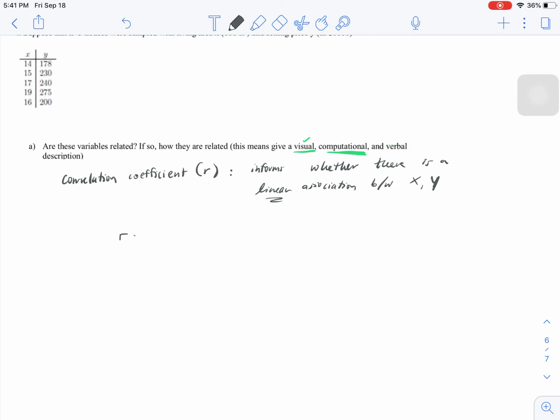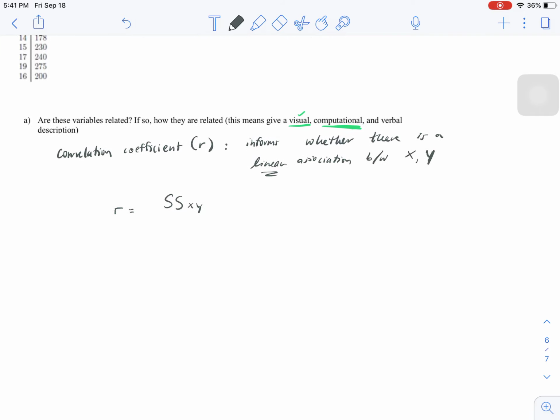So our formula is we take the sum of squares, that's what SS stands for, for x and y. Then we take the sum of squares for just the x's, square root that, multiply it by the sum of squares for just the y's. And let's write out our formula for each of the sums of squares.